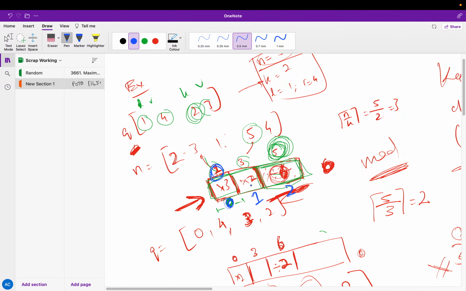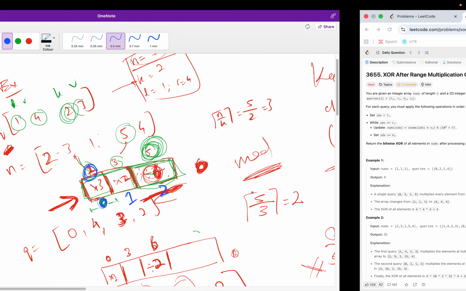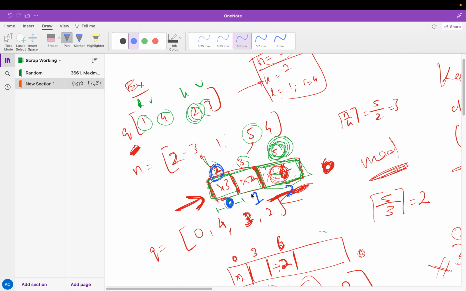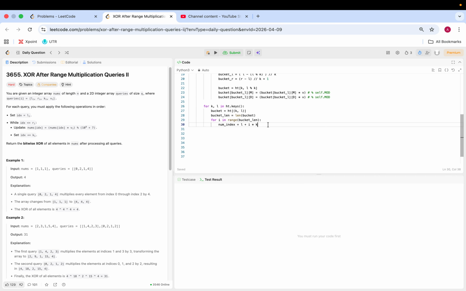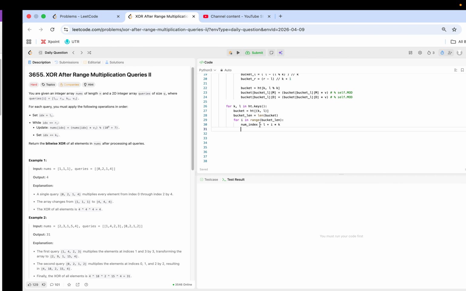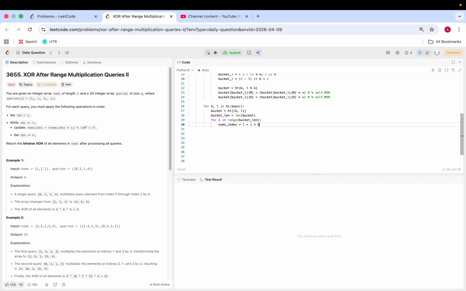If I test that here, 1 is the I, the jumps are size 2, and I add 1 because that's the offset. And same thing here: index is 2, I multiply by 2, I think it's right. So the nums index, the index that we're mapping to, is that.